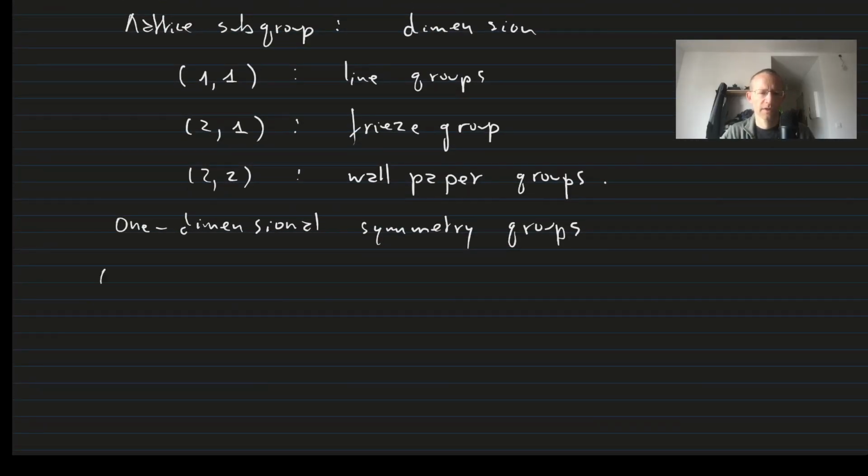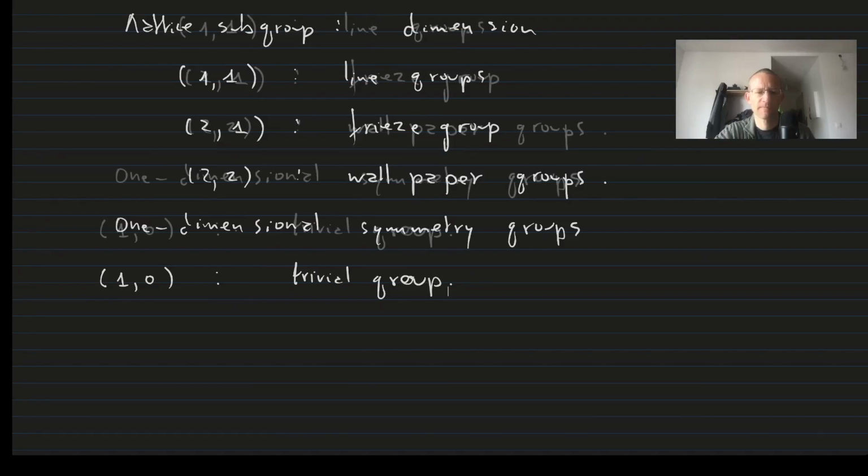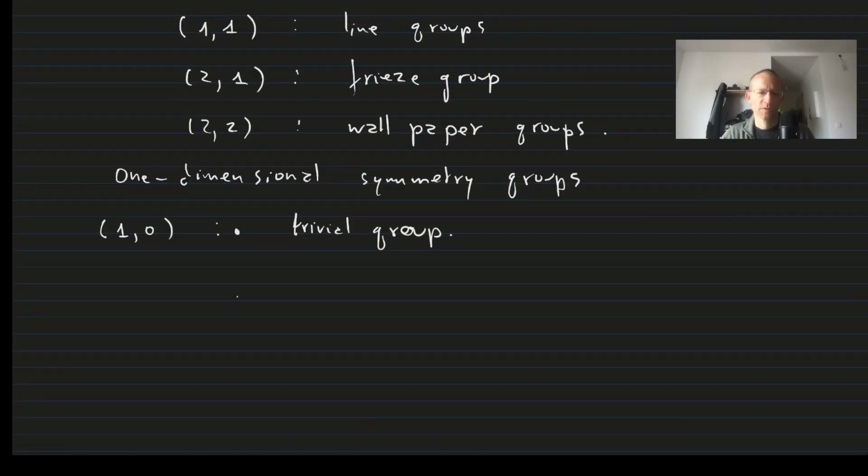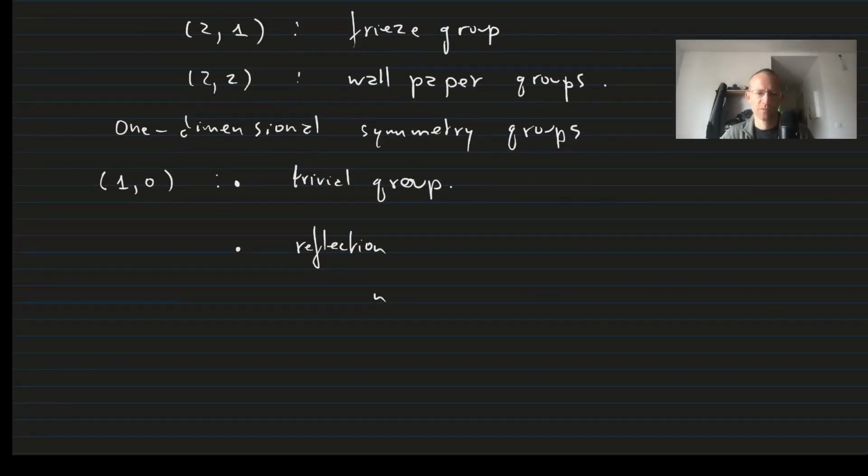So if we are in 1-dimensional space and we have no translations, then the only possibilities are just a trivial group with only the identity element. So there is absolutely no symmetry. This is for a random pattern in 1-dimensional space. The second possibility without a translation is if we have a reflection. Indeed, this is the only orthogonal transformation in 1-dimensional space that is possible.